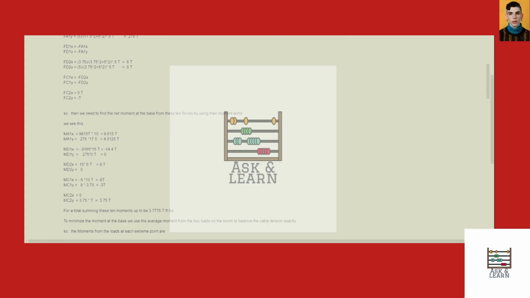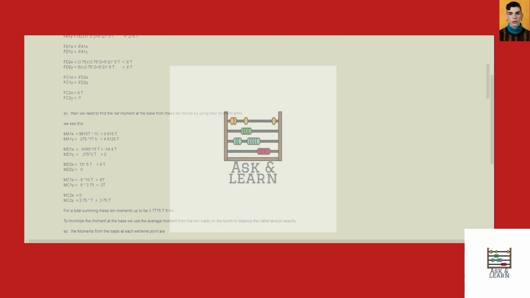The moment about point D in the X direction from cable 2 is 15 times 0.6 T, which is 9 T foot-pounds. And in the Y direction, it's also 0 because it's straight through the base. The reaction at point C from cable 1 is negative 0.6 times 10, which is negative 6 T. The cable tension in the Y direction from load 1 is 0.8 times 3.75, which is negative 3 T.